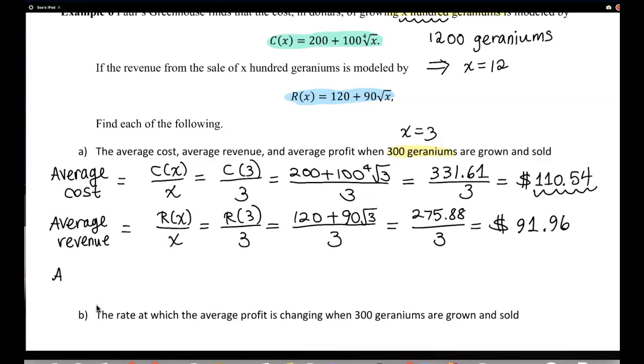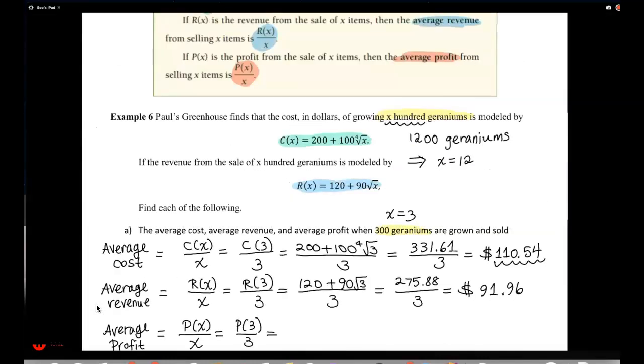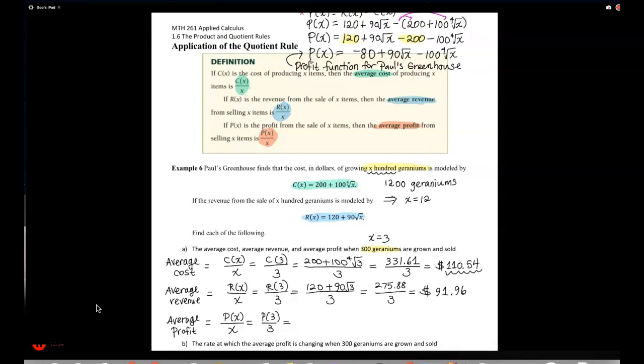So, okay, I can do the average profit using the profit function that we wrote. Absolutely. But it's going to be the same as if we take the easier way. But I want to do it both ways, and I'll show you that they are the same thing. P of 3, according to our profit function, which I'll go ahead and write down here: P of x is equal to negative 80 plus 90 times square root of x minus 100 times fourth root of x.